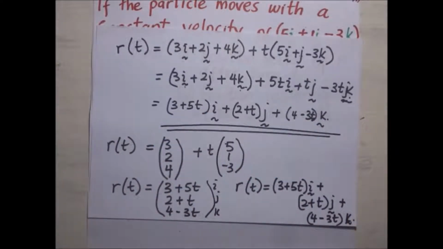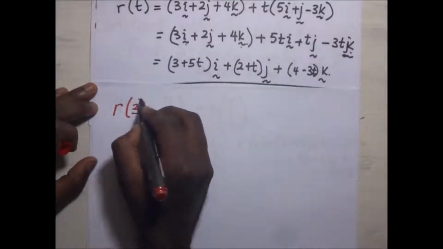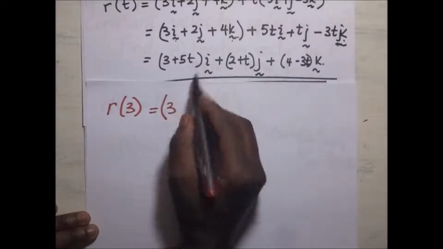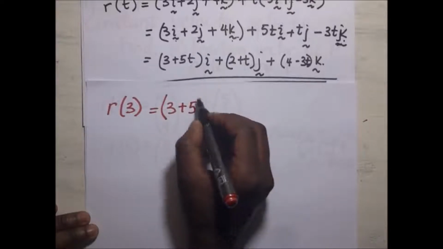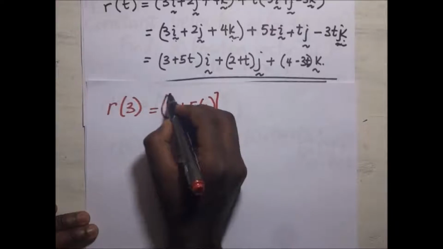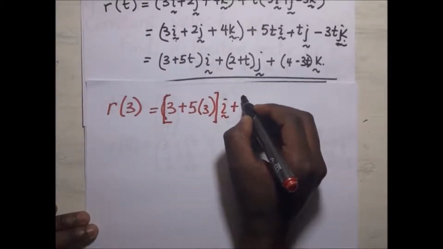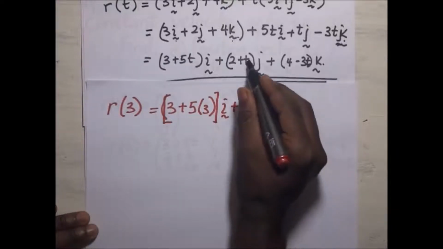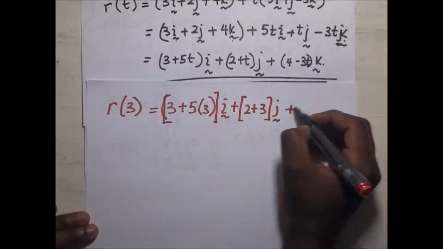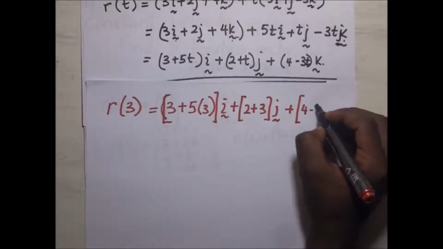So in this case, the position vector after 3 seconds, which is r after 3 seconds, is going to be equal to, still from our earlier expression, 3 plus 5t. Now our value of t is 3, so 5 times 3, all this is i, plus 2 plus t, that is 3, j, plus 4 minus 3t.